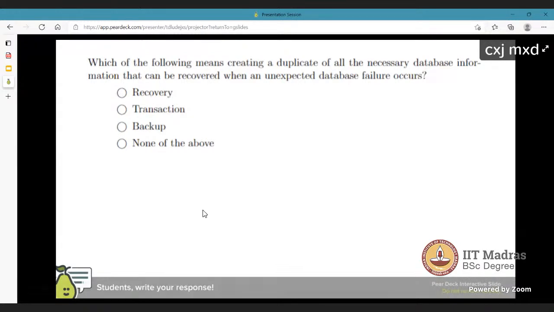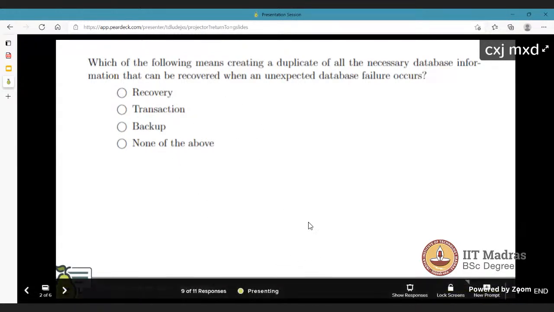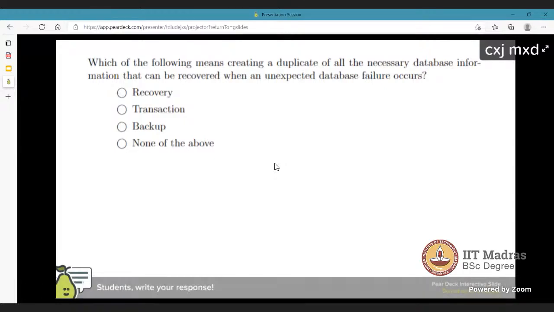No issues. Okay. So can anybody tell why recovery is not the correct answer? Or what basically is recovery? What does it basically do? Anyone? Please feel free to answer.